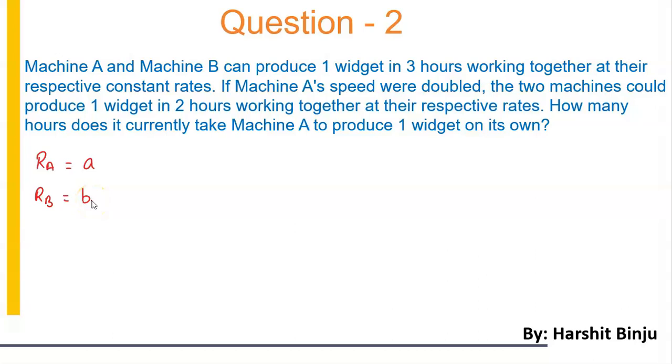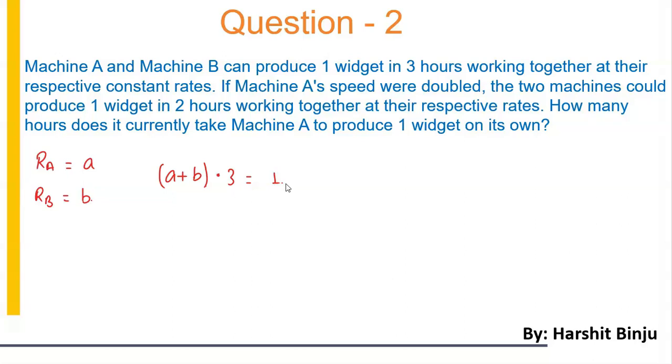So machine A and B can produce one widget in 3 hours working together. If they're working together, I can say that the total rate will be a plus b, multiplied by time, which is 3, and that will be equal to 1, because they're producing one widget, so that's the output.